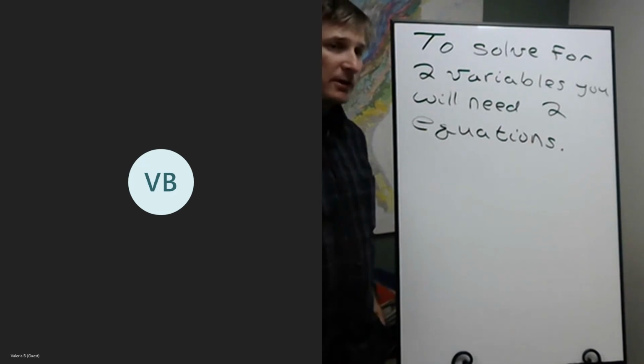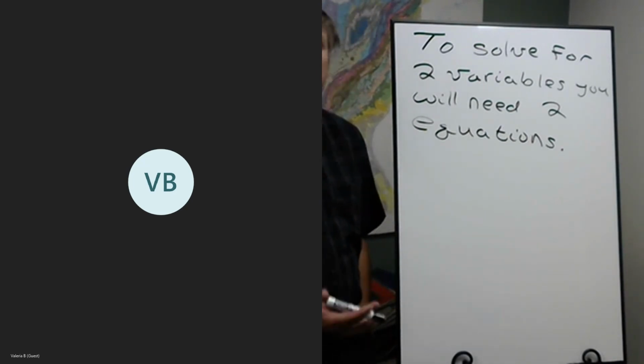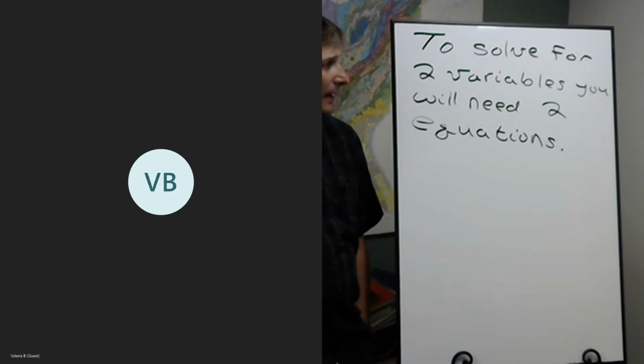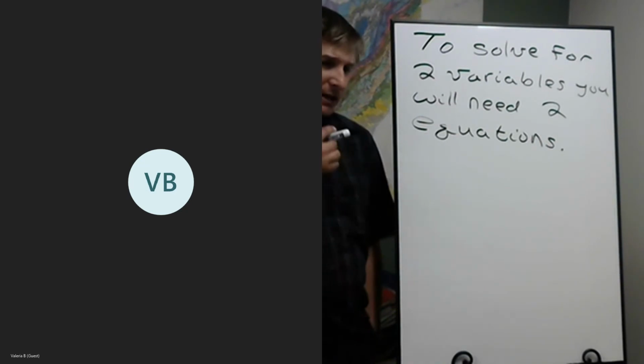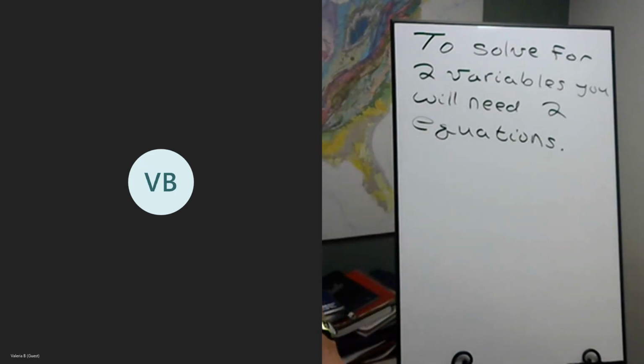So to solve for two variables, you're going to need at least two equations in order to get numbers for those variables. And situations like this come up, and I'll give you an example of a story problem.